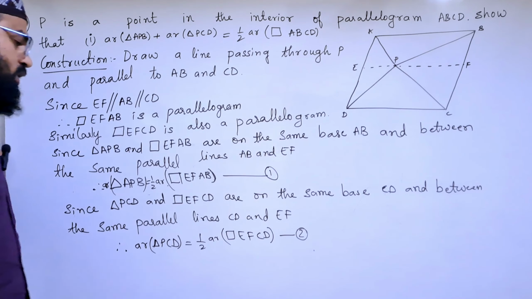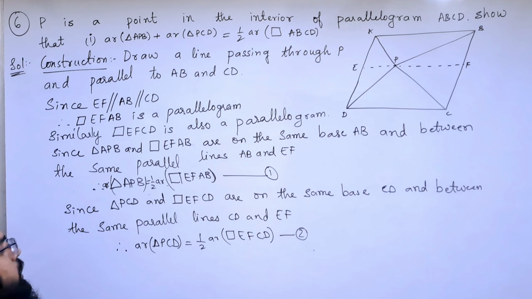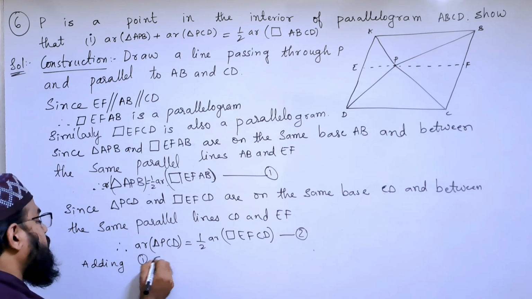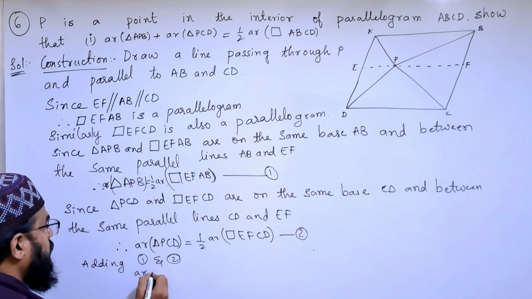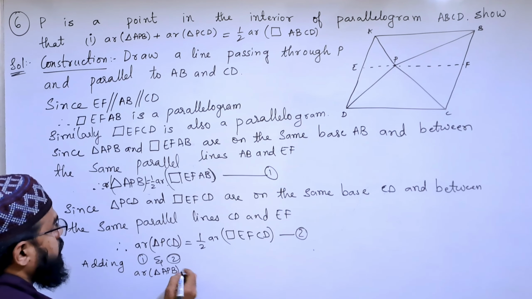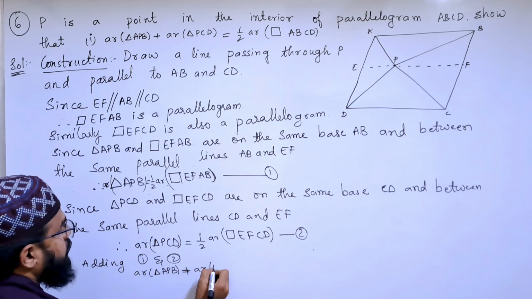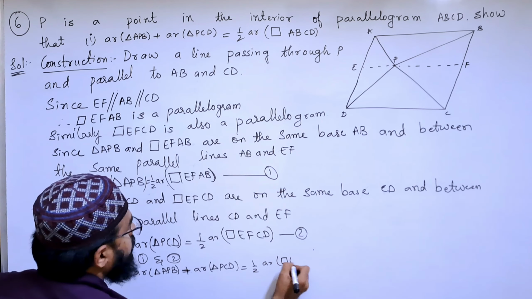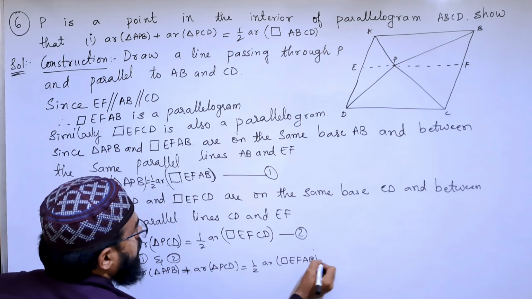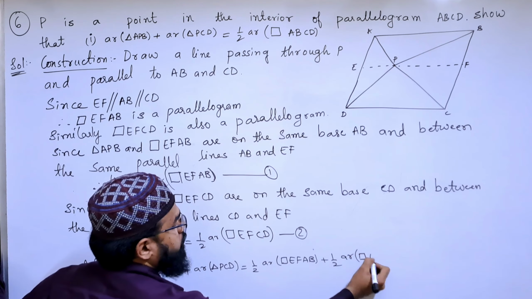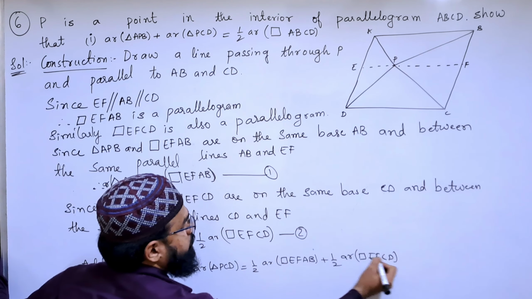Now from first and second, if we add this, adding first and second, area of the triangle APB plus area of the triangle PCD is equal to half of area of the parallelogram EFAB plus half of area of the parallelogram EFCD.